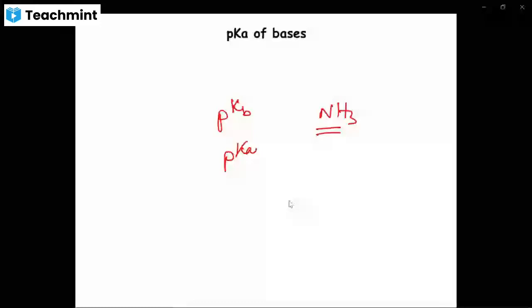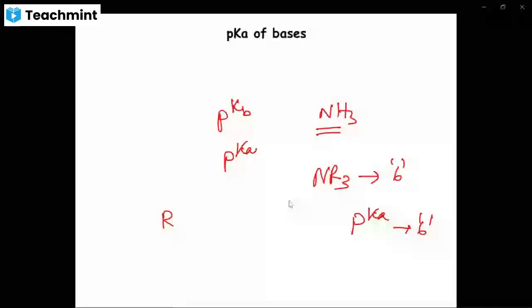Let's say we have some NR3, and we say that its pK value is, let's say, 6. I am just quoting some arbitrary number. I don't remember the exact value. So what does this actually refer to? What exactly does it tell? Can you tell? Not NHR3, but NR3H plus.